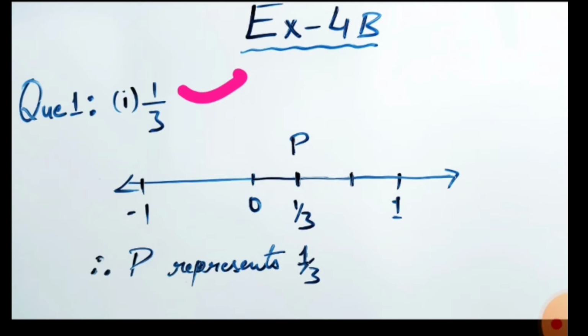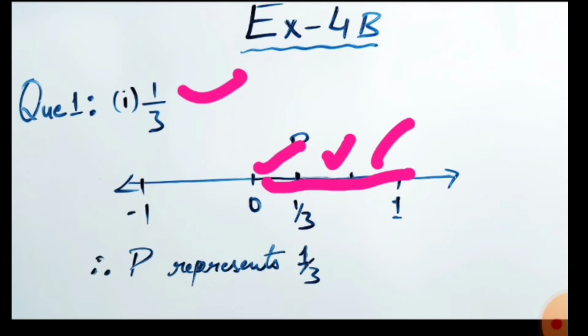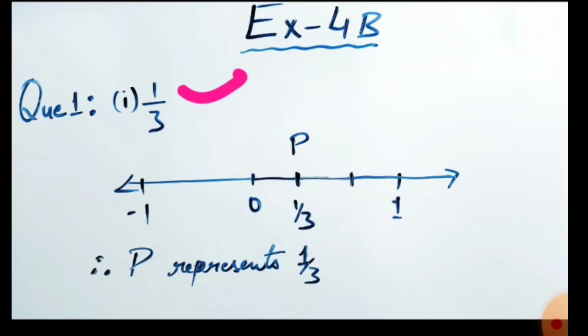Now see, we are dividing this distance from 0 to 1 into 3 equal parts. So these should be of equal length, and the first part is 1 out of 3 parts, so it will be 1 by 3.